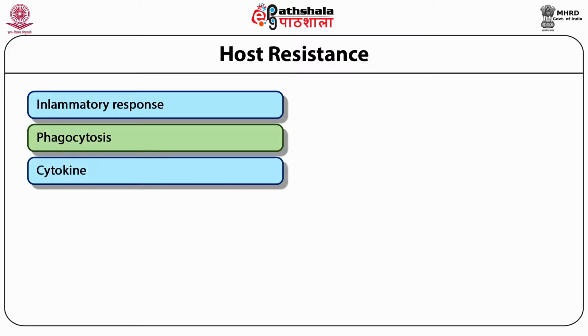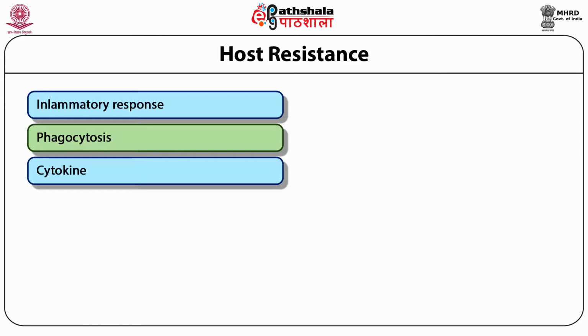Third, cytokines. In response to pathogen infection in the body, a number of cytokines are secreted, and these cytokines stimulate various kinds of cells in the body and prepare the body for the upcoming danger. So the body prepares itself for war against the pathogen.